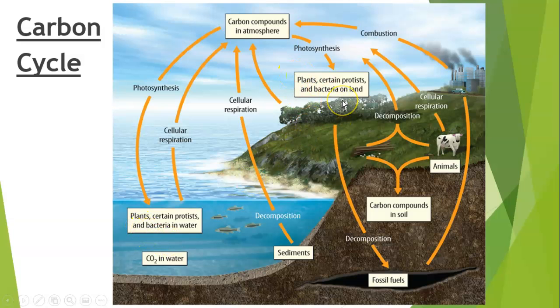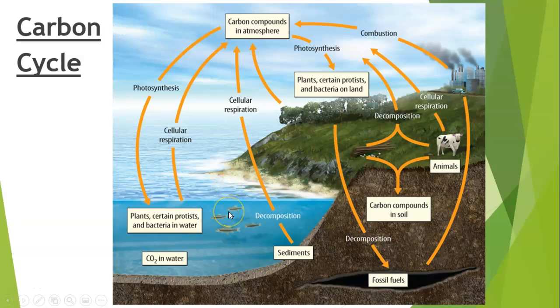It is used by those plants, and then after the process of photosynthesis, cellular respiration happens, where the plants and animals that live down there, and the plants and animals that live here on the land, then release carbon dioxide back into the atmosphere.